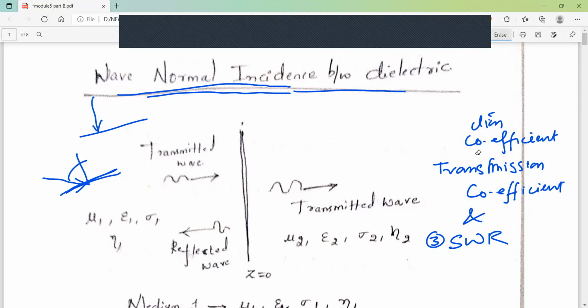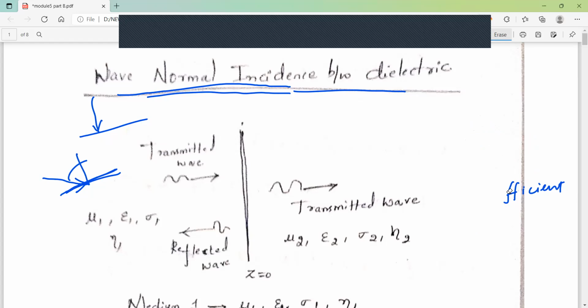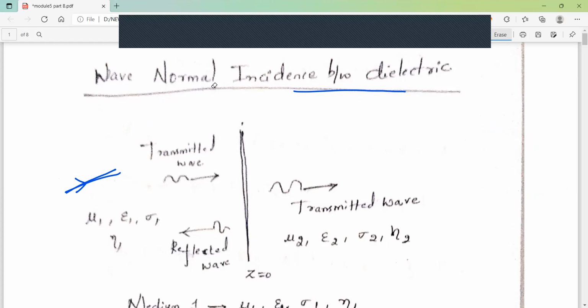So here a little figure is there. We will first be discussing what that figure is saying, then going into depth. This is for normal incidence of the wave. Over here you can see this is the boundary surface. This line represents the boundary between two mediums.